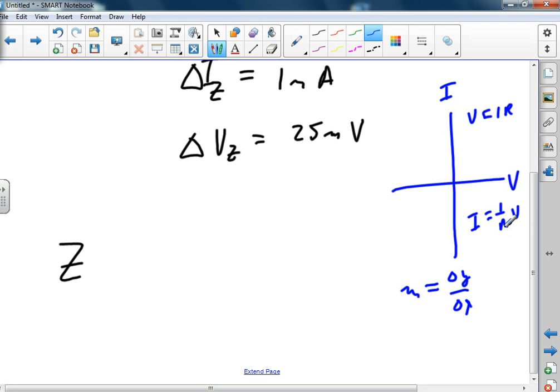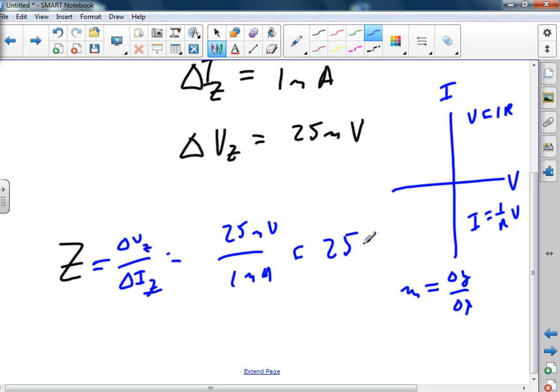That means I would want the change in Zener voltage over the change in Zener current. If we remembered the formula, we'd remember that. And 25 millivolts divided by 1 milliamp gives us 25 ohms. So our impedance is going to be 25 ohms.